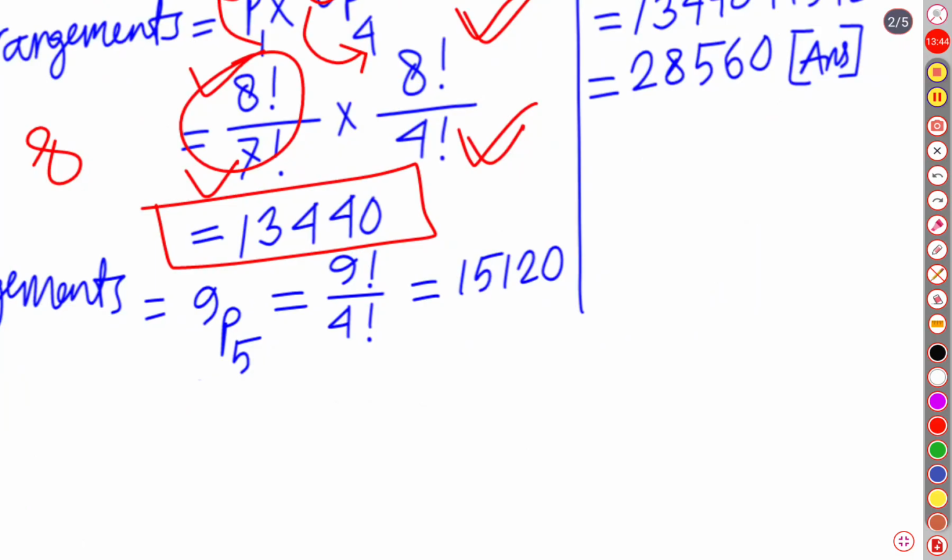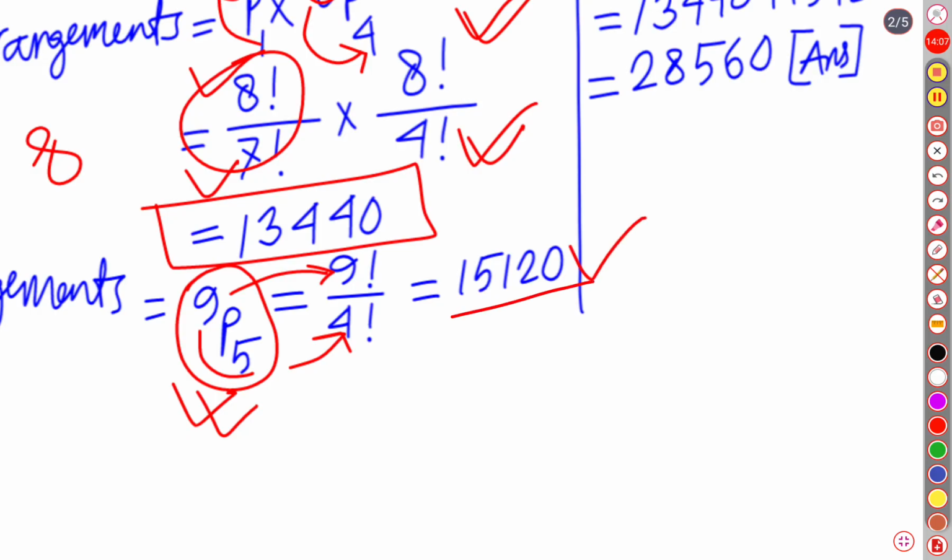As 0 has gone away, we don't need to calculate 0. Except 0, there are 9 digits. Out of 9 digits we will fill up 5 places or 5 arrangements. So it can be written 9 factorial on top, and if we subtract 5 from 9, it is 4 factorial. So 9 factorial over 4 factorial is equal to 15,120.